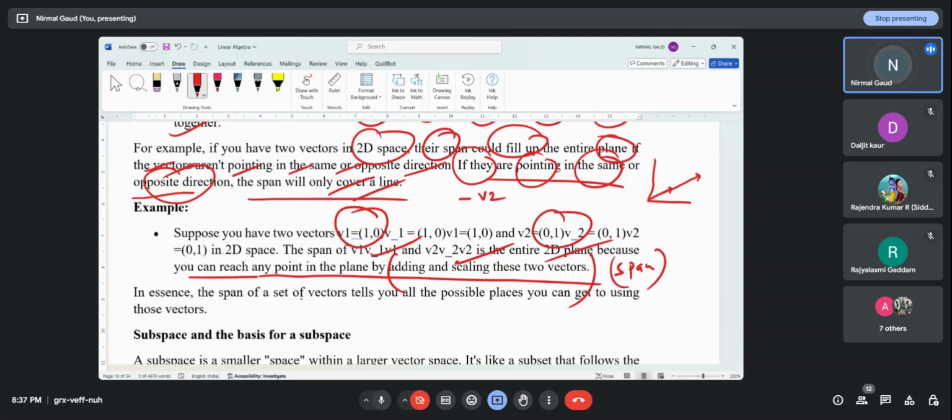So the span is the set of all possible combinations of these vectors to reach any point in the plane defined by these vectors.